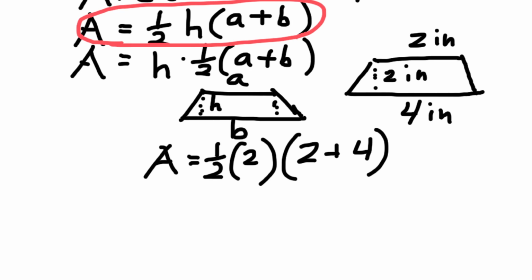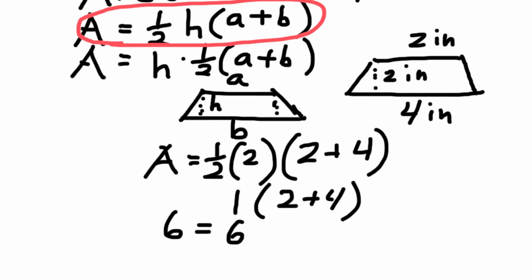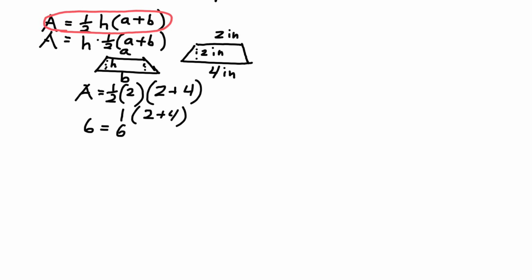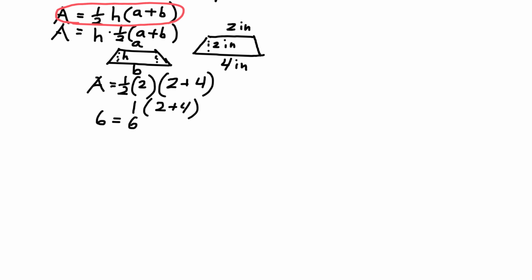Now we just have to calculate it, and we're done. 1/2 times 2 is 1, so 1 times 2 plus 4, or 2 plus 4 is 6, so the area equals 6. But we have to ask the question, well, the area is 6. 6 what?